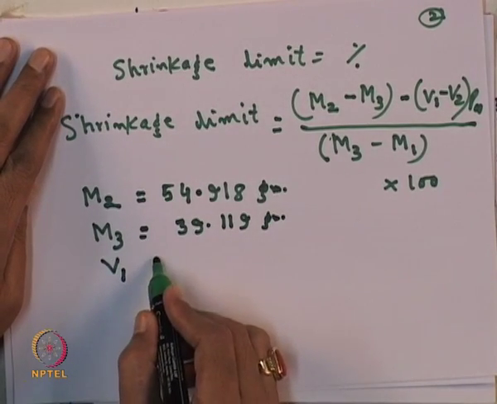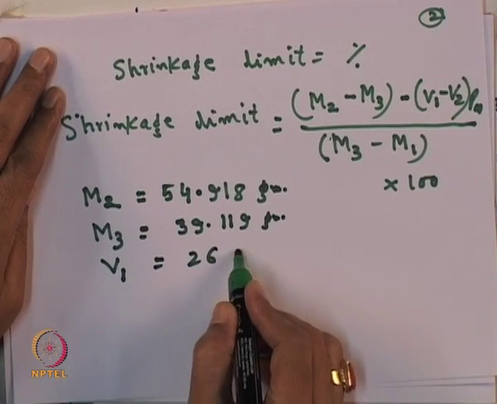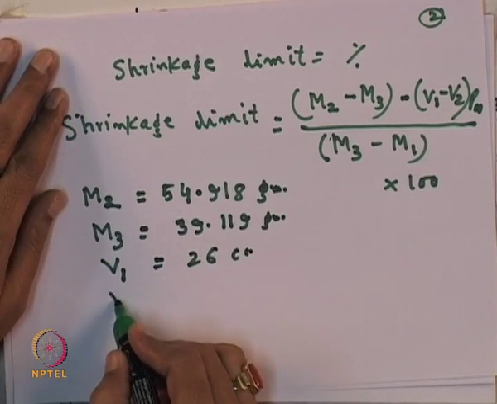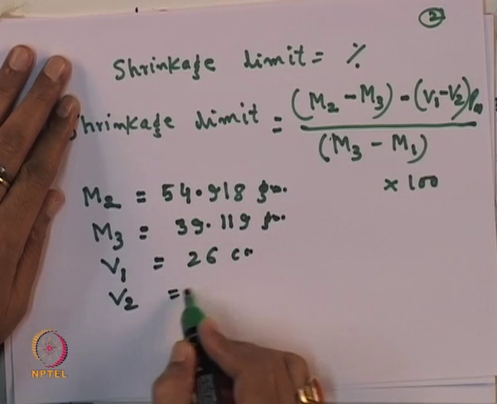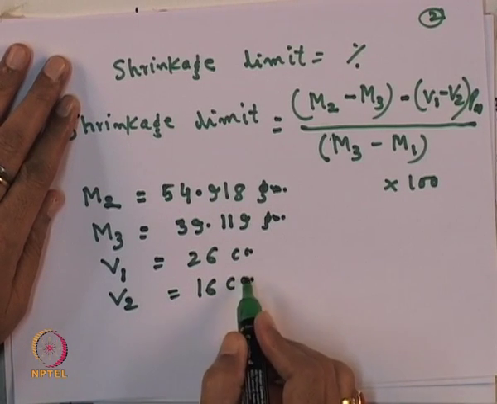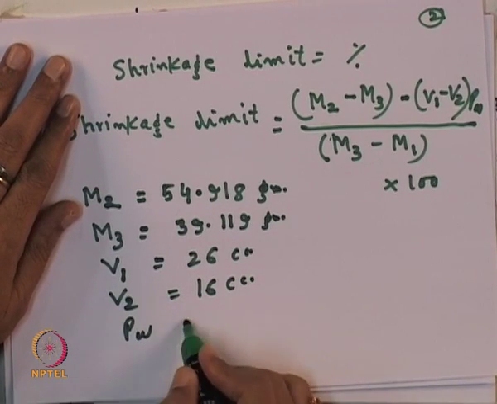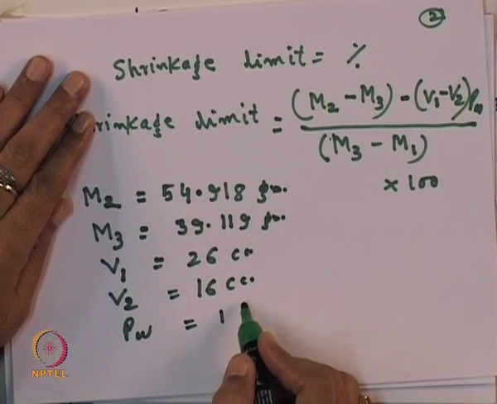V1 is equal to 26 cc and V2 is equal to 16 cc and rho W is equal to 1 gram per cc.